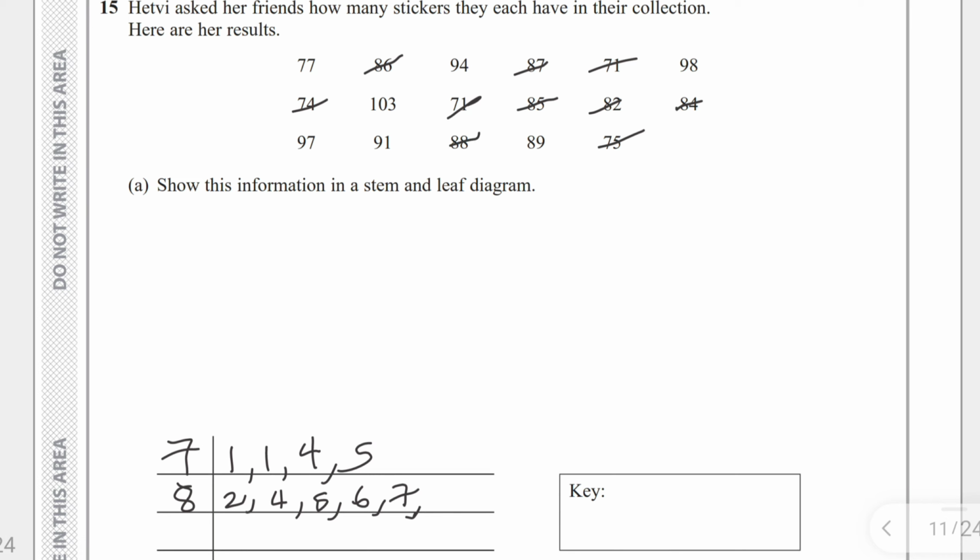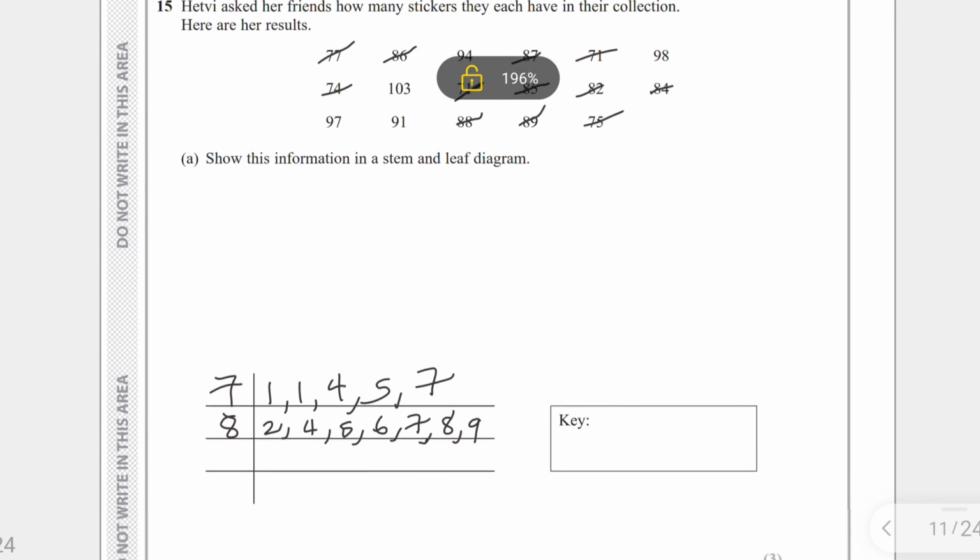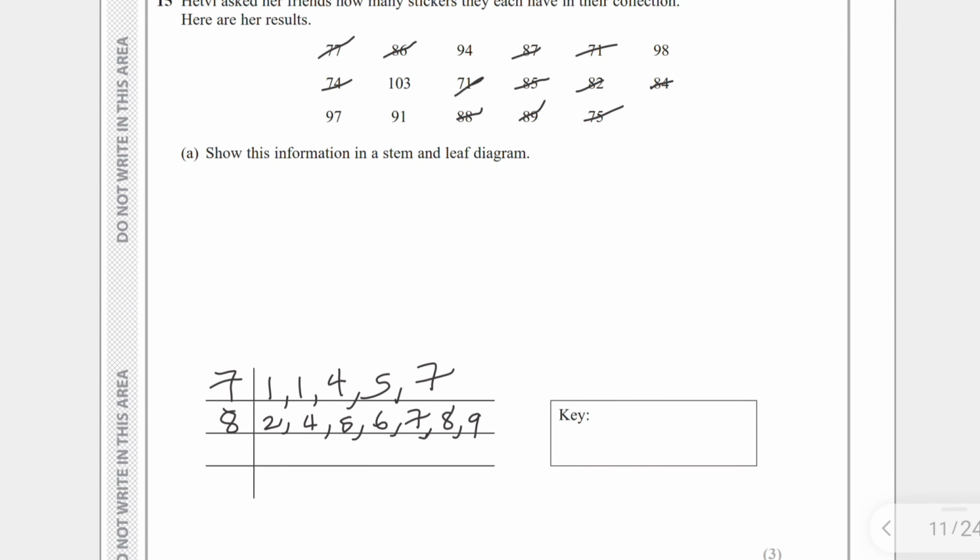Then 88. Then 89. Oh, I can see 77. My bad, so that's 77. The next is the 90s. The smallest is 91. Then I can see 97. Then I can see 94. My bad, I can see 94.